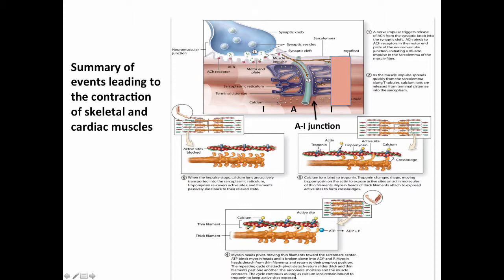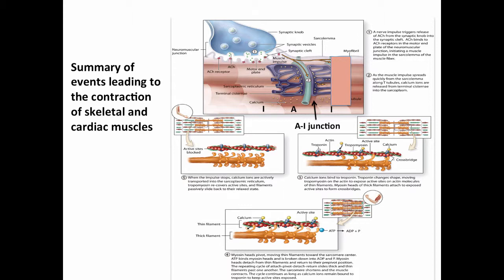It pulls the actin filament in towards the middle of the sarcomere. And of course, it's not just one myosin head that is moving, it's many hundreds of myosin heads binding to the actin filaments, which all change shape at the same time, thus pulling the actin filament in towards the middle.